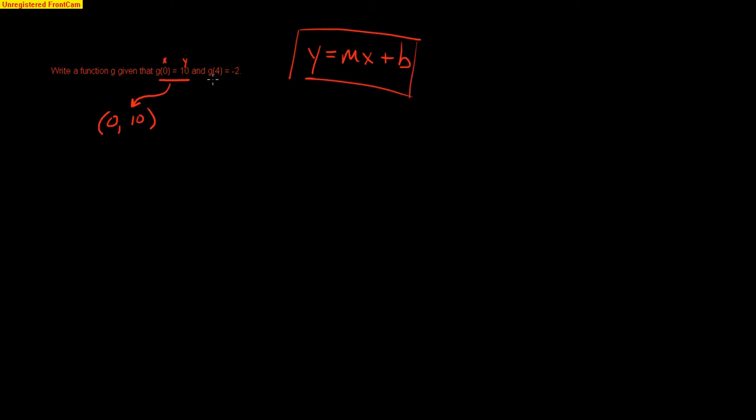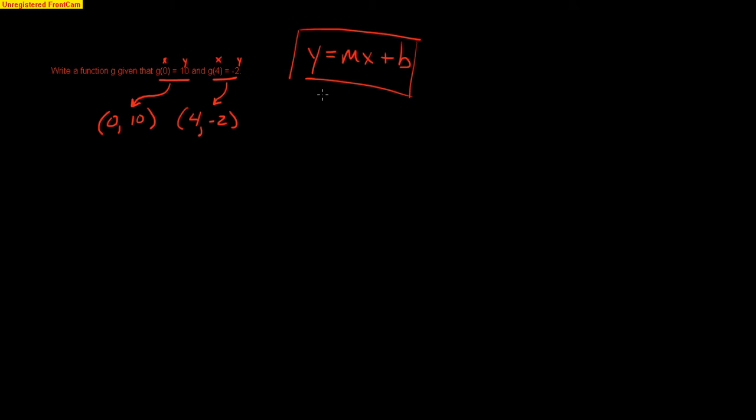Well, they also gave me a second one. Here's an x and here's a y. So I also know that 4, -2 works. Well, now it turns into a problem that we did a day or two ago. I have 2 points that work in some magic equation that I'm going to come up with.